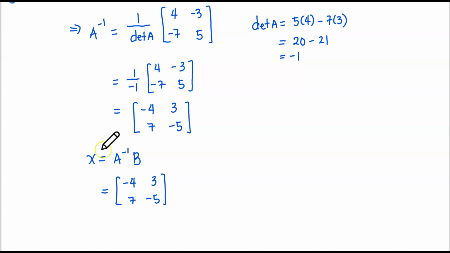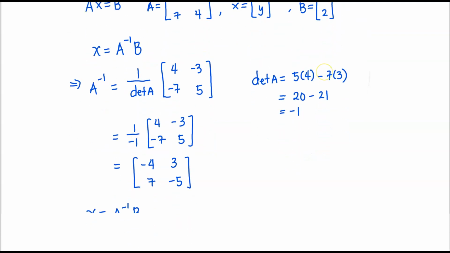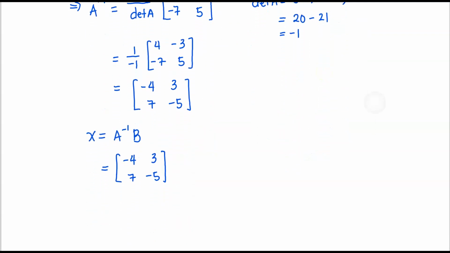Now, B here is the column matrix containing the constants here. So it is the column matrix involving 1, 2. So times 1, 2. So this X here is the column matrix x, y.